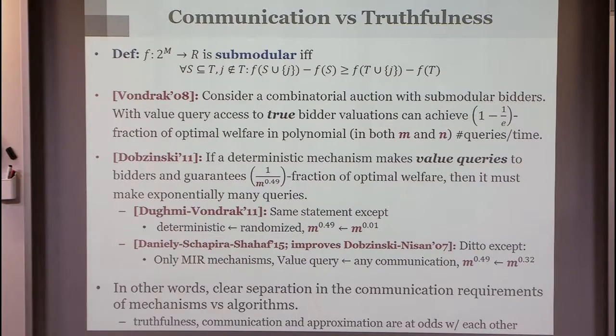But the punchline is that there is a clear separation between what you can do if incentives are not involved, and what happens in the strategic world. If people can strategize, then all bets are off. So you cannot always push constant factor approximations from the algorithmic world to the strategic world. The punchline is that truthfulness, communication, and approximation are at odds with each other, and we need more technology to understand what's going on. I'm going to mention some of that technology.